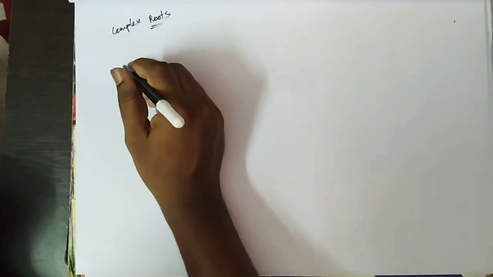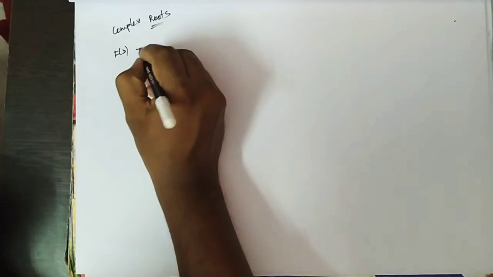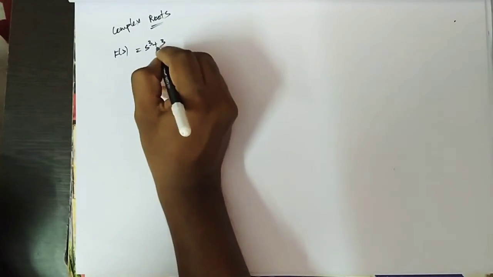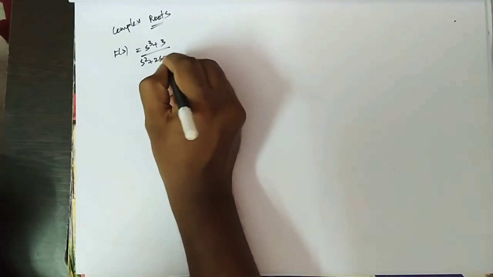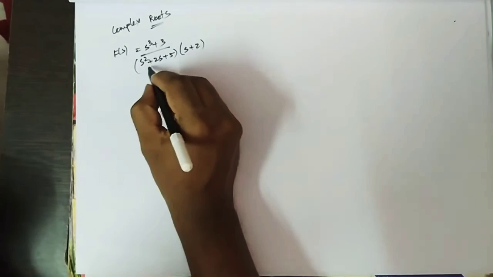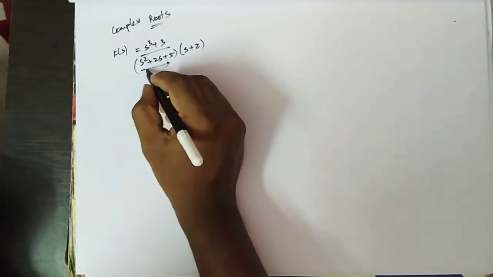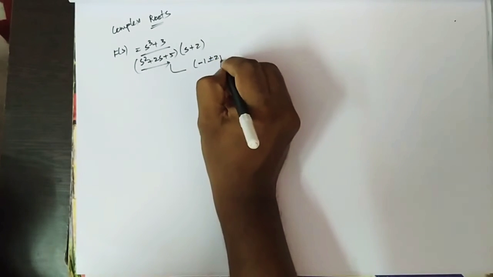So for this explanation, I take the function F of s equal to (s cubed plus 3) by (s squared plus 2s plus 5) into (s plus 2). If you find the roots of this, you will get the complex roots as minus 1 plus or minus 2j.